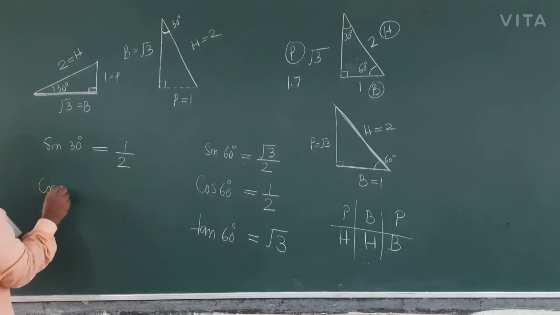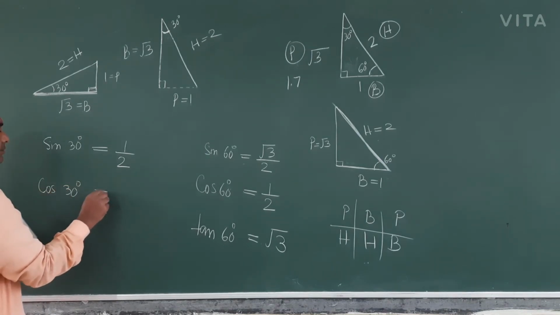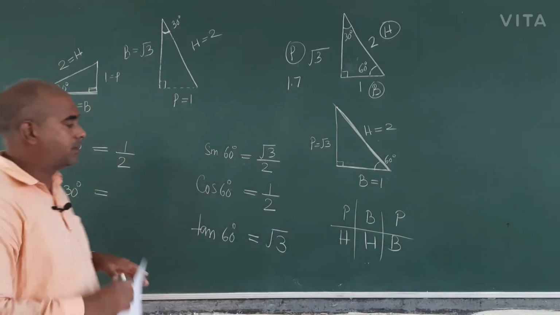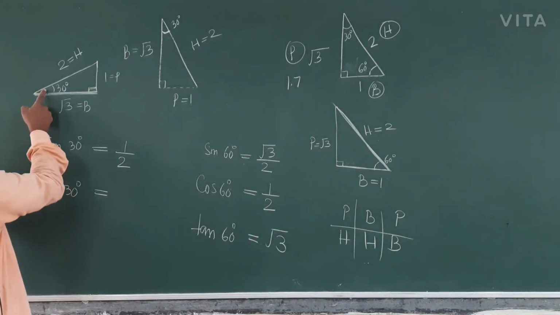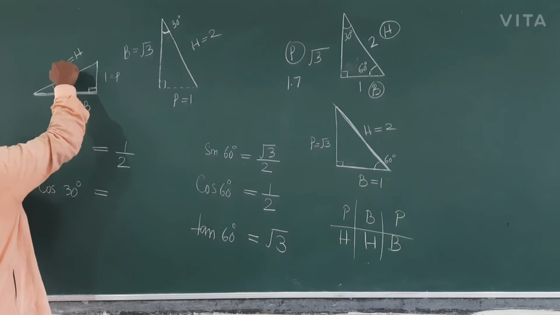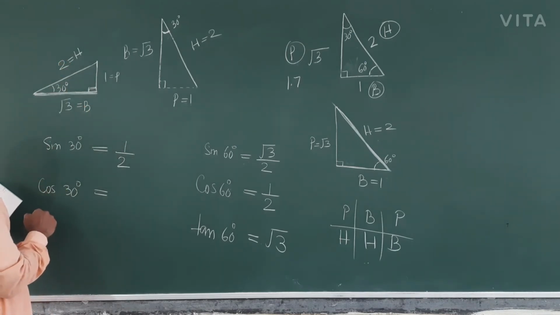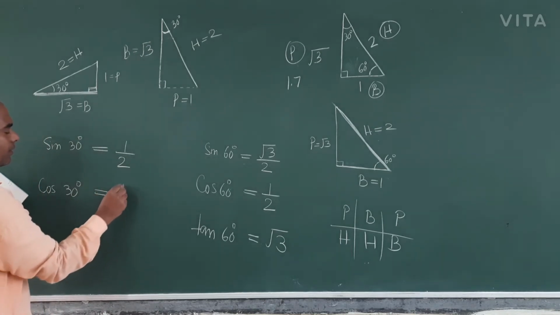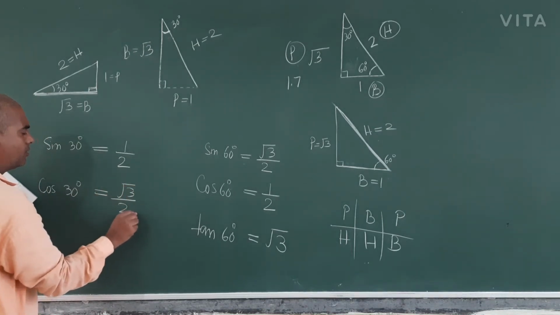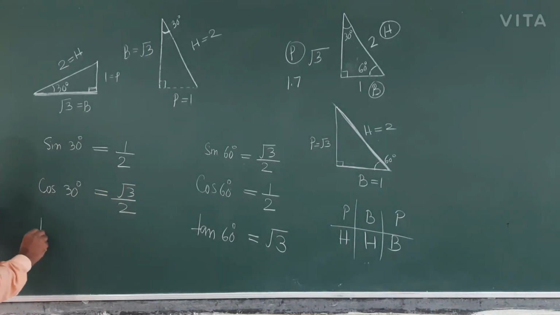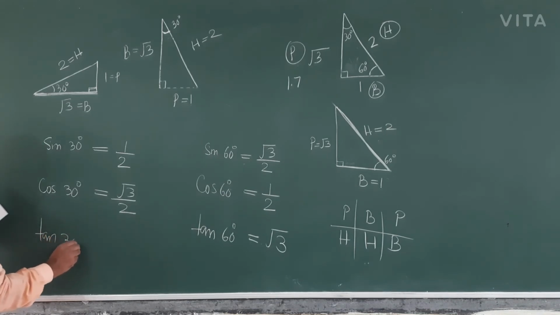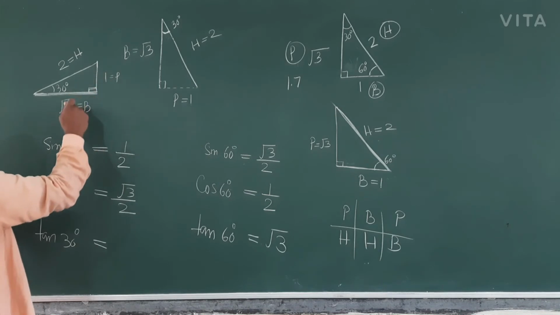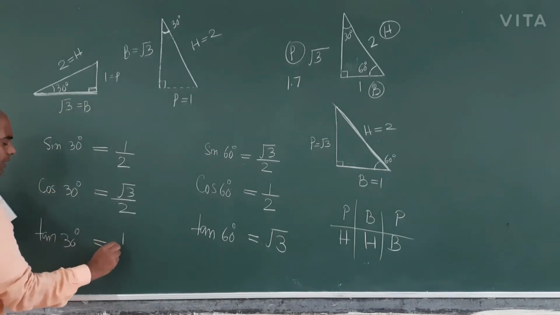Then cos 30 degree is base by hypotenuse, root 3 by 2, and tan 30 degree is perpendicular by base, 1 upon root 3.